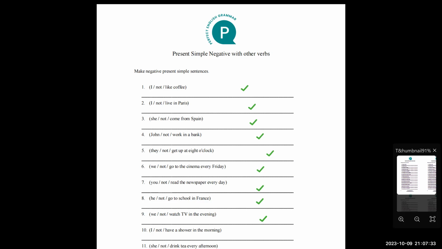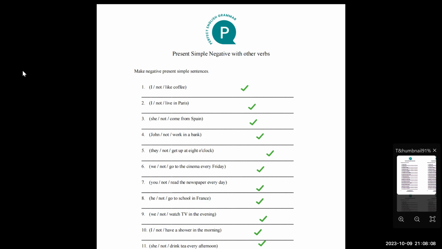And then next, 10. I don't have a shower in the morning. Okay, that's correct. And then 11. He doesn't drink tea every afternoon.